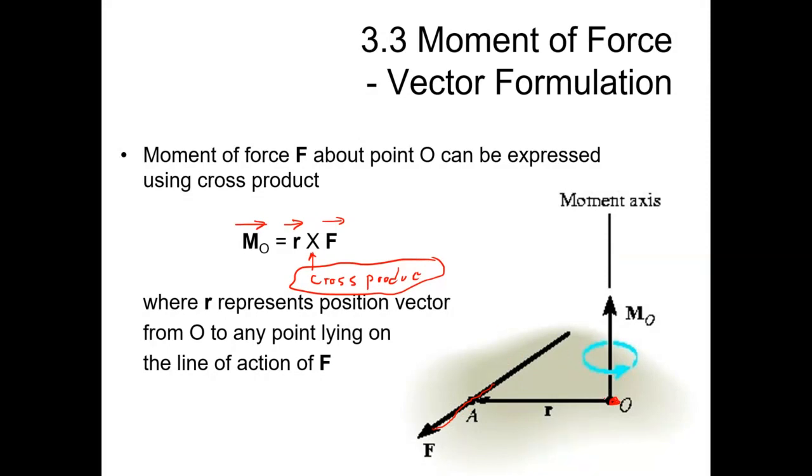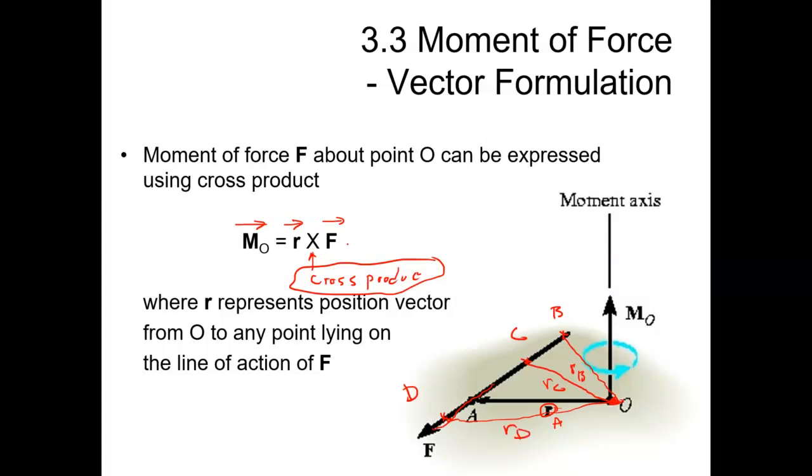I can define the position by taking one point here, I call this B, one point here, I call this C, one point here, I call this D. So if I take a point on the vector as B, my position vector would be RB. If I connect from the point of rotation to C, I call this RC. This one I call RA. Then this one I call RD.